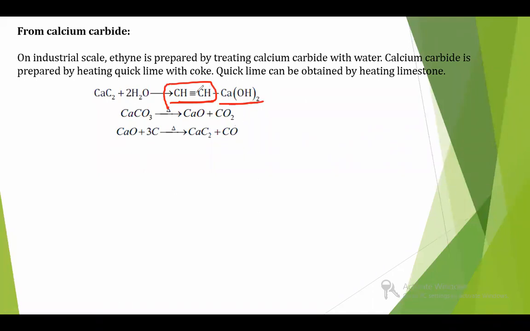Where do we get calcium carbide? Heating limestone, calcium carbonate, gives calcium oxide and carbon dioxide. This calcium oxide treated with carbon forms calcium carbide. This calcium carbide treated with water forms calcium hydroxide along with the carbon-carbon triple bonded compound. So this is the preparation of alkynes from calcium carbide.